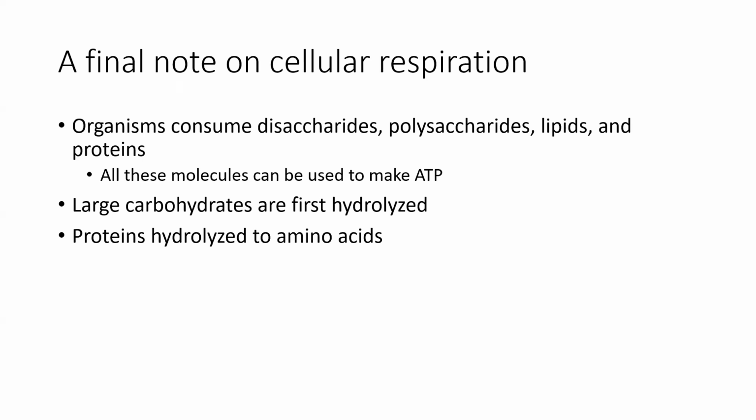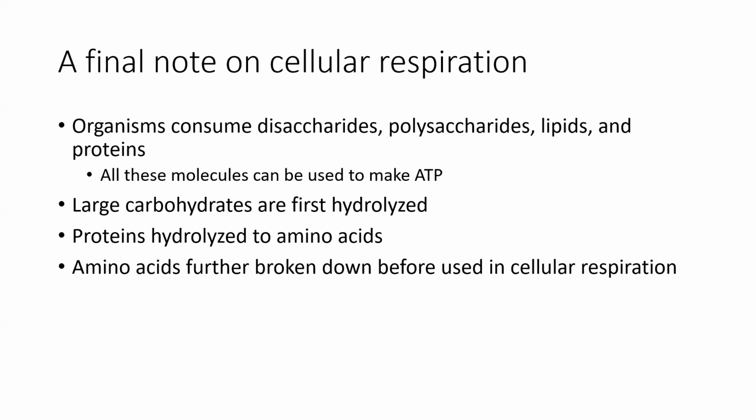They do have to go through steps of being broken down into their specific components. Lipids, for example, have to get broken down into their fatty acid chains and then smaller molecules. Same deal with proteins. They get broken down to their amino acid monomers, and those amino acids have to be broken down even further before they can be involved in this process.